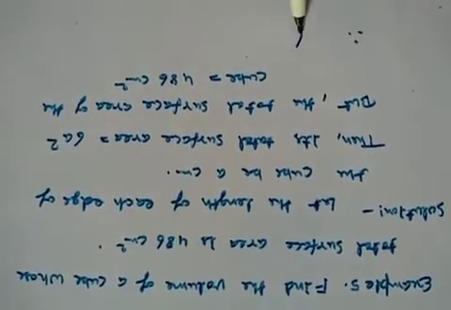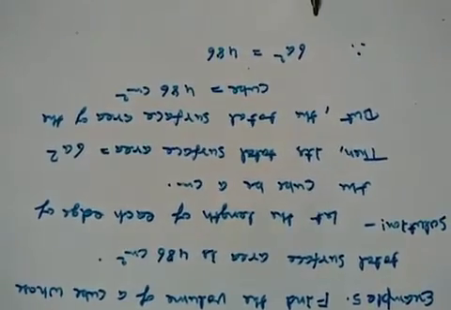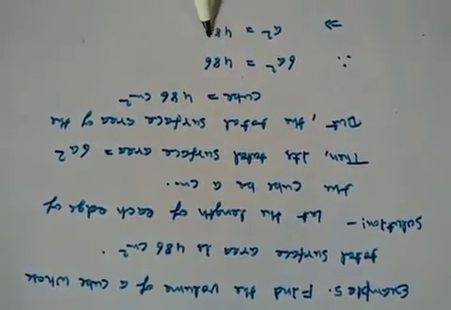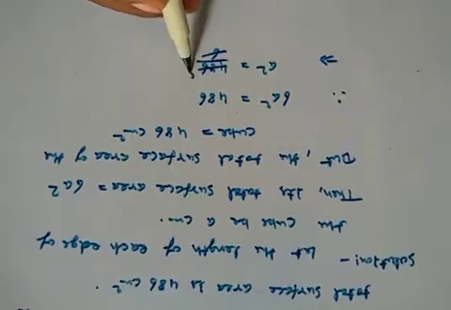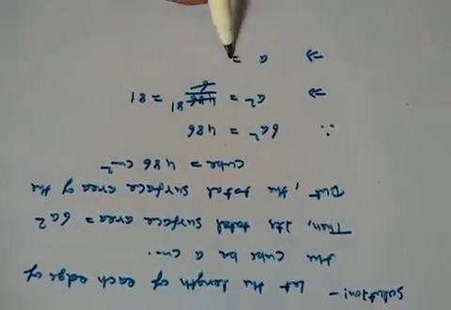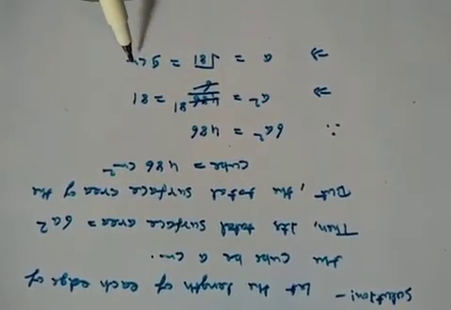So 6a square equals 486, so a square is equal to 486 by 6 equals 81. So a is equal to under root 81 equals 9 centimeter.